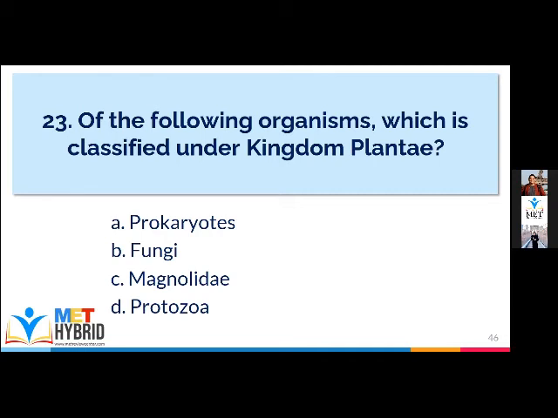So, currently, how many kingdoms do we have? As proposed by Carl Woese, we have 6 kingdoms. So, what are these kingdoms? First, you have kingdom Archaebacteria. Under your Archaebacteria, these are the bacteria that love extreme environments. So, very hot environments, very salty, high in methanogens and toxins, and so on and so forth.